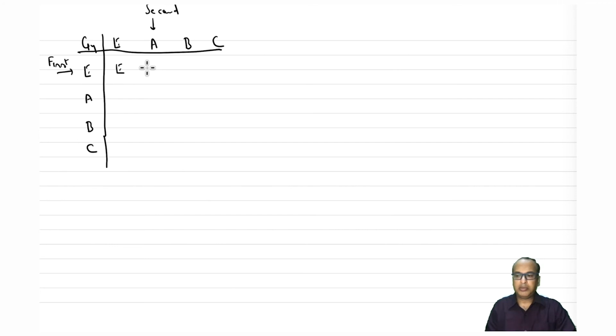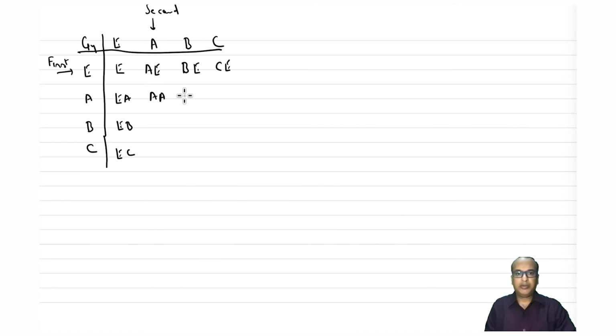So it will be written as AE, because this is my first operand and this is my second operator. Similarly here it will be written as BE, CE, and here it will be written as EA, EB, and EC.